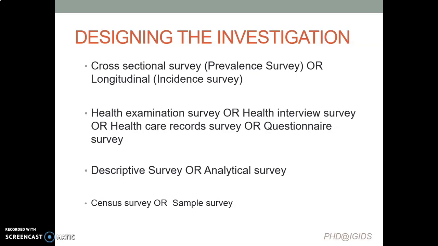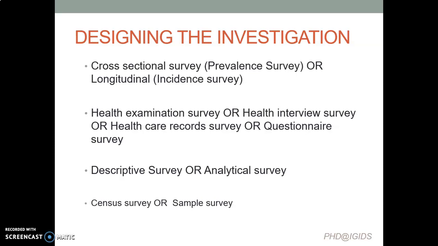In this example, I want to know the prevalence. Prevalence means you are just knowing the total number of old and new cases. You are not going to repeatedly go to the same population and identify the new disease. That is when it is called an incidence survey. So for this example, we require a cross-sectional survey or a prevalence survey.